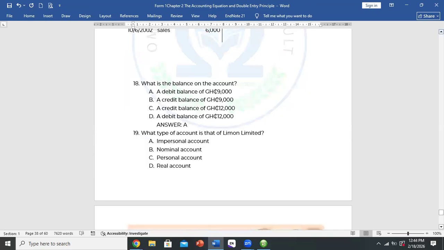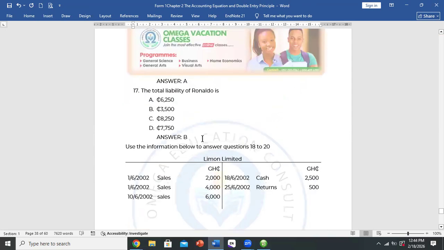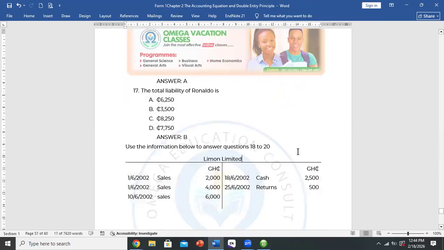Please, let's all get to work and balance this account, Lemon Limited. One, I want to know the balance carried down you get, and you can tell me the balance. Does it have a debit balance or a credit balance?